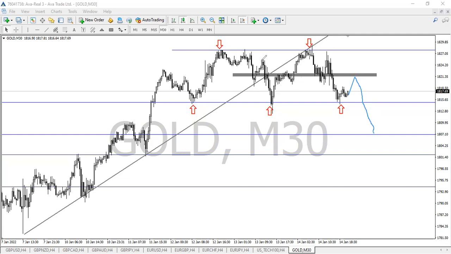This is not to say gold is going to do exactly that, but this is something that we might see gold doing.